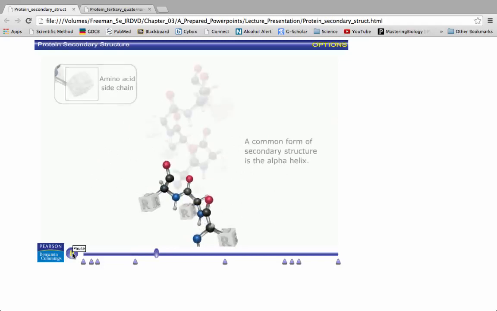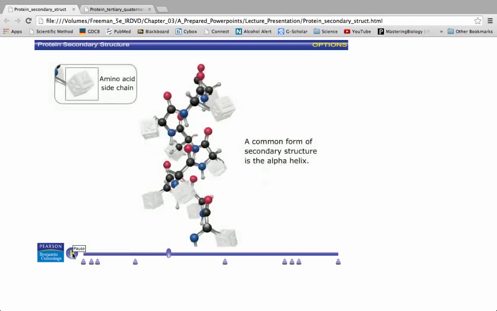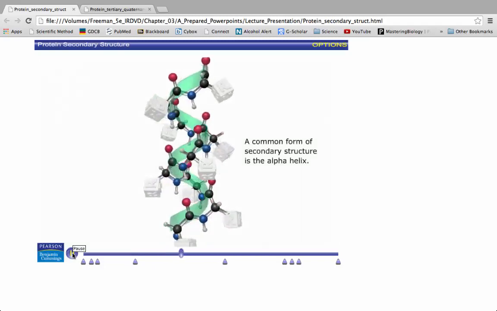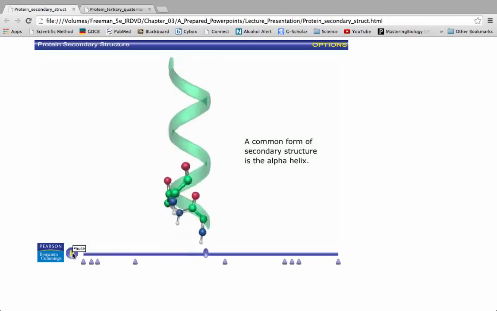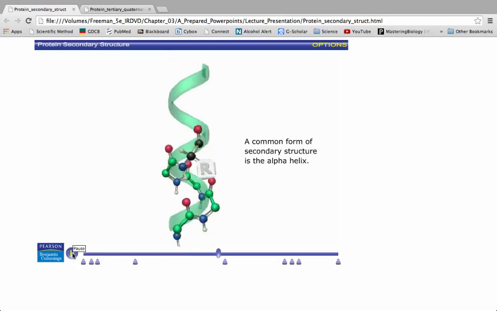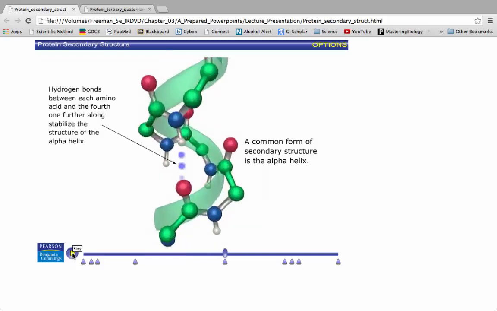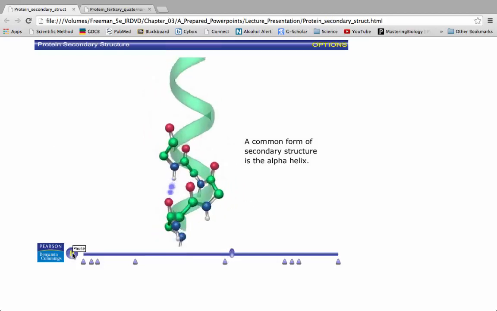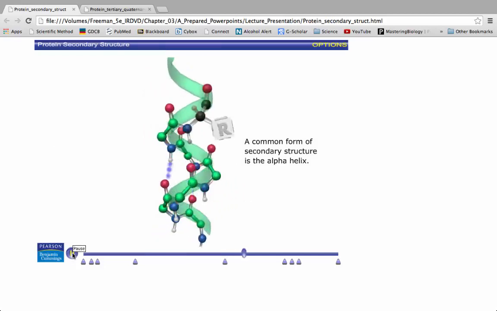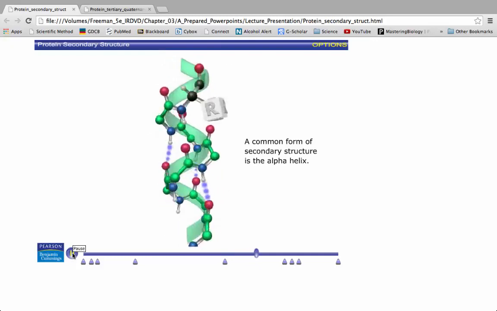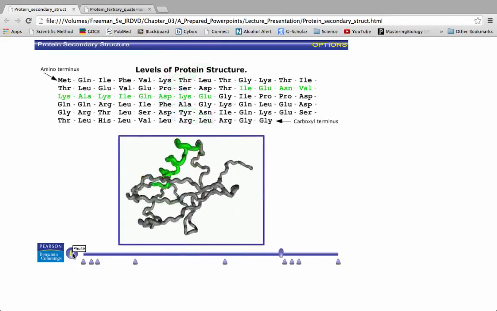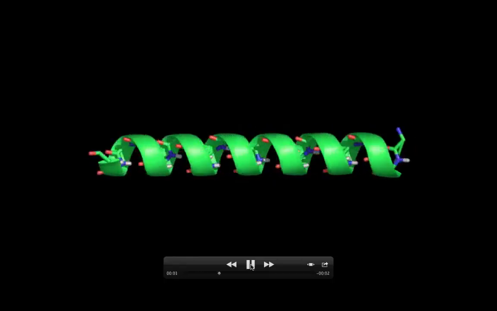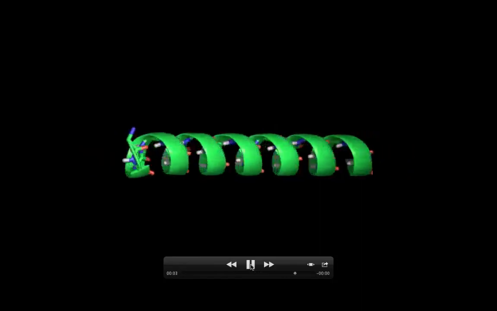Amino acids in nearby regions can hydrogen bond with each other to form a secondary structure known as the alpha helix. This structure is commonly found within most proteins. These hydrogen bonds stabilize the structure. This is a 3D ribbon model of an alpha helix.